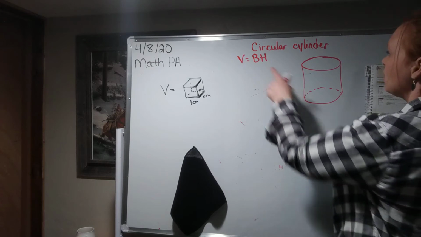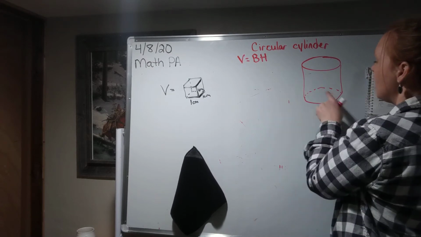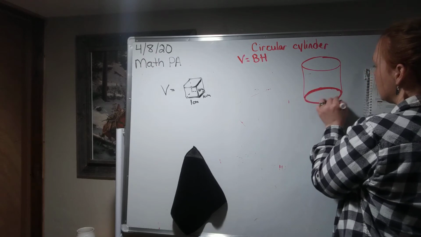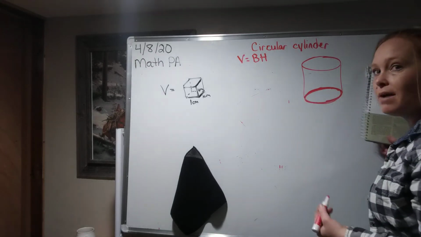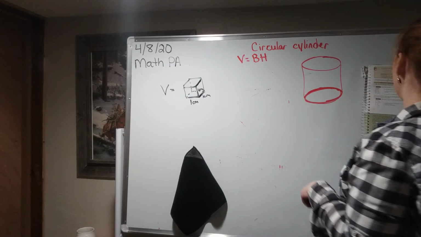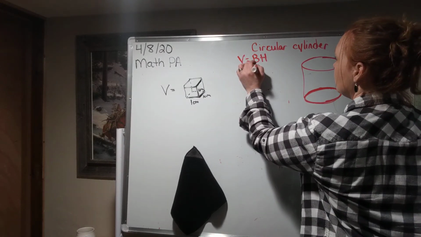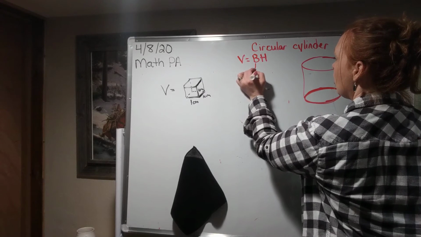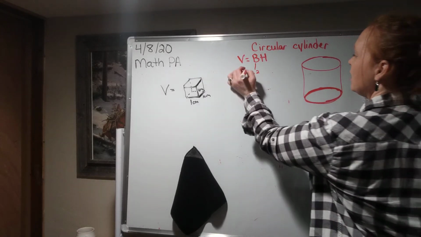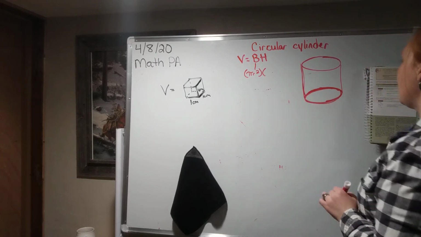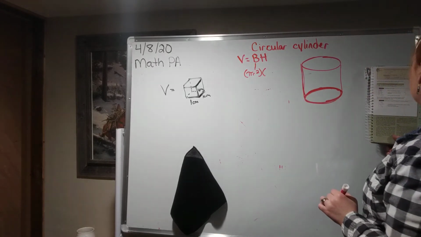Okay, well, how do we find the base of a cylinder? Well, I'm going to look at the base there, and I'm going to see that it is a circle. So how do I find the area of a circle? So that is pi r squared, if you remember. So this is actually pi r squared to find the base. And then we're going to multiply that times the height of the cylinder.